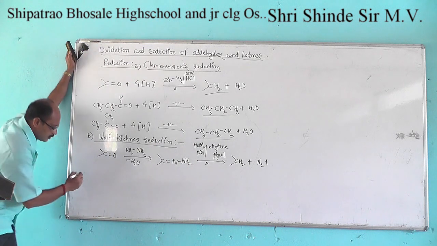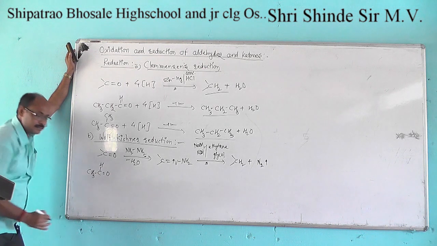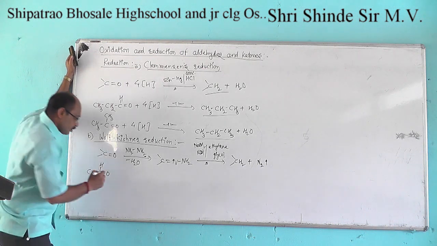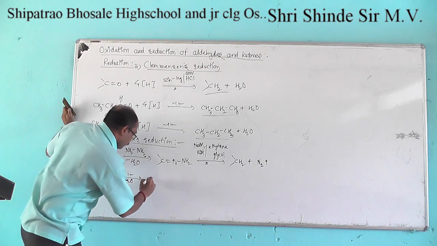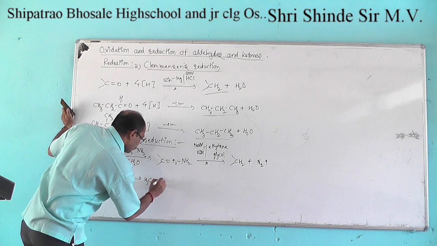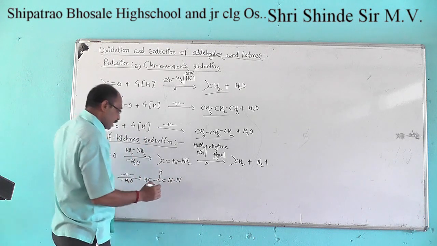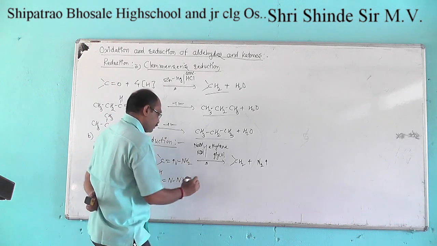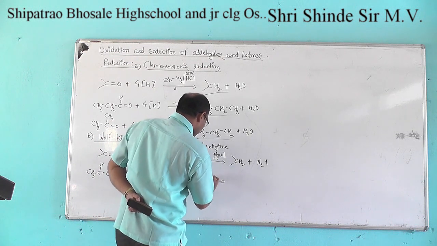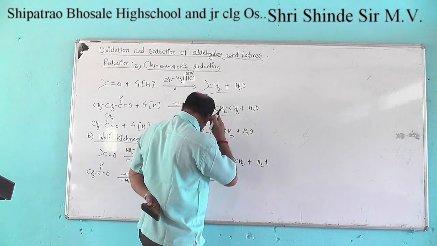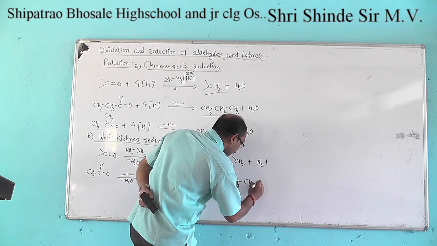For example, suppose I am taking here acetaldehyde. Acetaldehyde on treatment with hydrazine loses a water molecule to have the formation of corresponding acetaldehyde hydrazone, which is further strongly heated in the presence of potassium hydroxide and ethylene glycol to have the formation of corresponding ethane molecule.